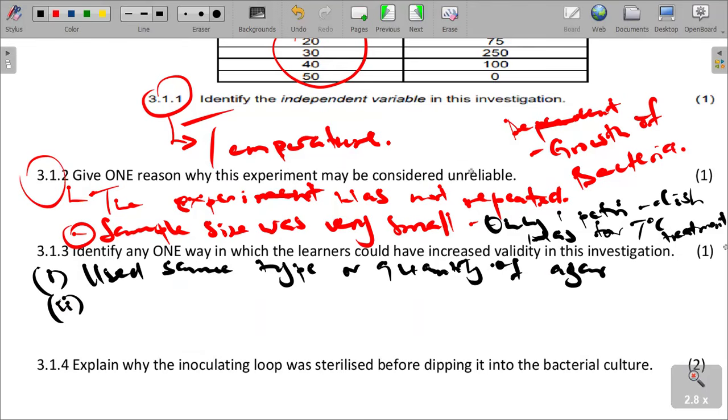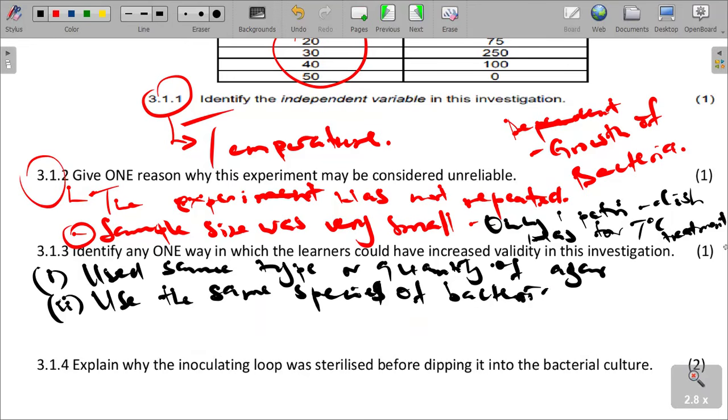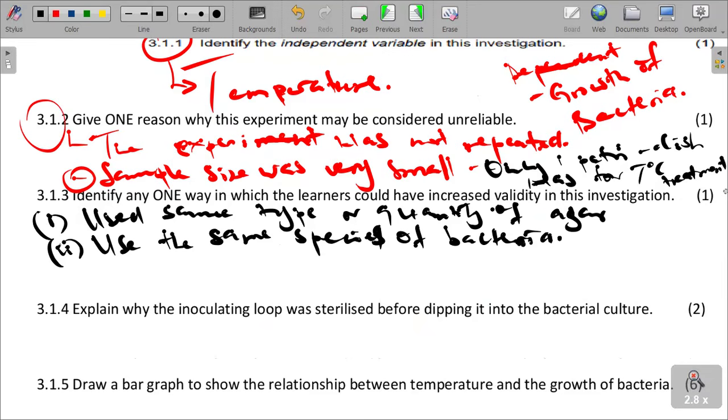And then use the same species of bacteria. It would also mean that we are going to have results that are very correct because we did not change the type or species of organisms that was used.